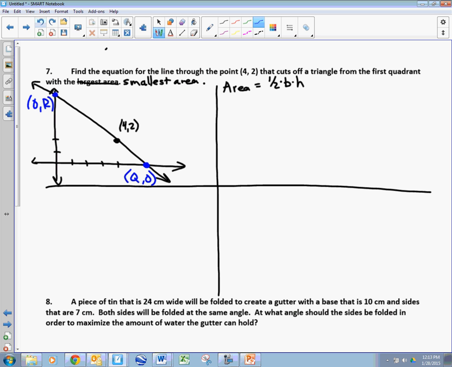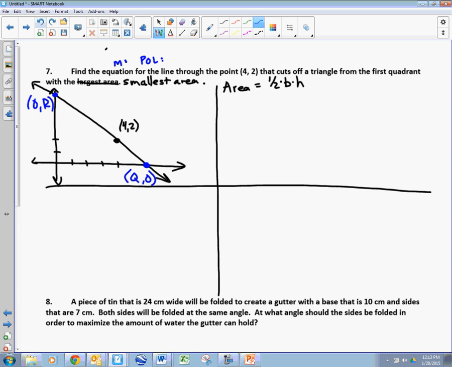So if I want to write an equation for a line, I need two things. I need slope, and I need a point on the line. Do I have the point on the line? So the only thing that's changing in this problem now is going to be the slope. So the slope is going to determine what kind of triangle I get.